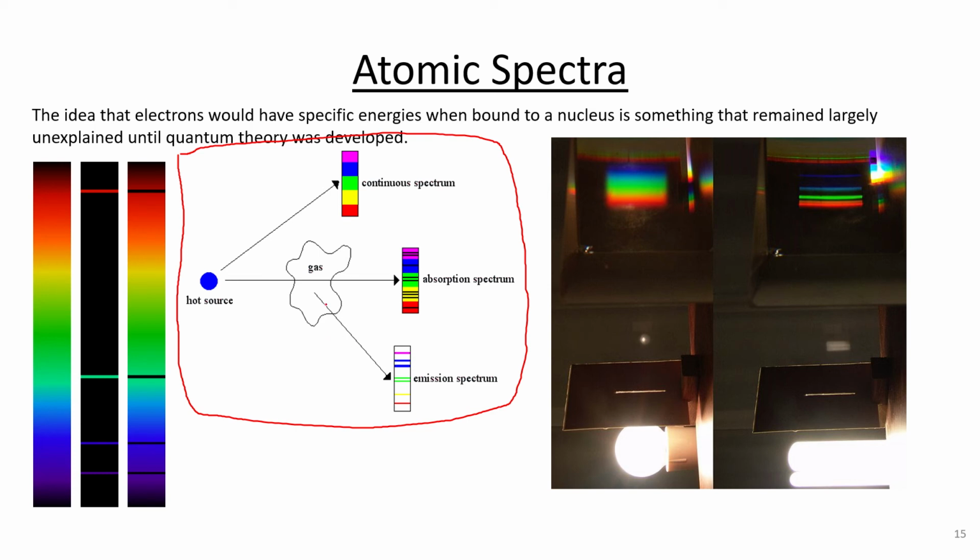And if you were to then examine the gas, which has been excited, sort of absorbs some energy from the light of the hot source, you just look at the gas as that energy is radiated back out as light, then you get kind of the inverse of the spectrum that you see here. So this is called absorption spectrum because you're looking at what's missing because of the absorption of the gas.